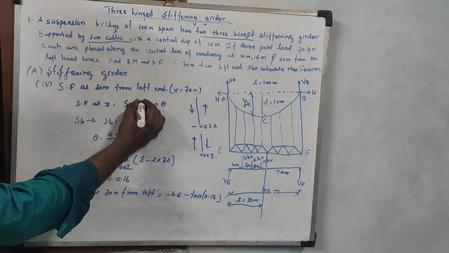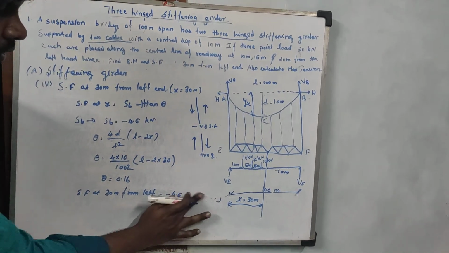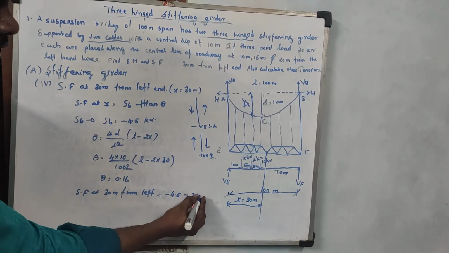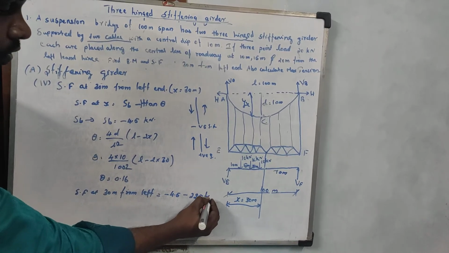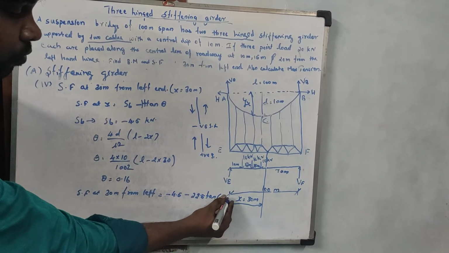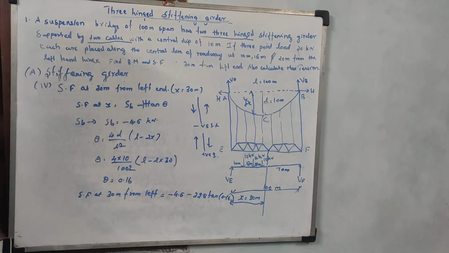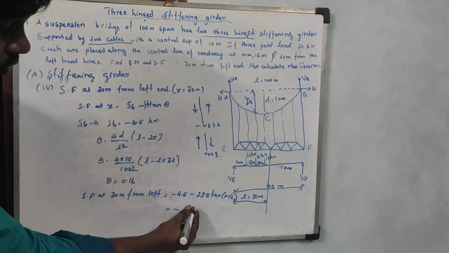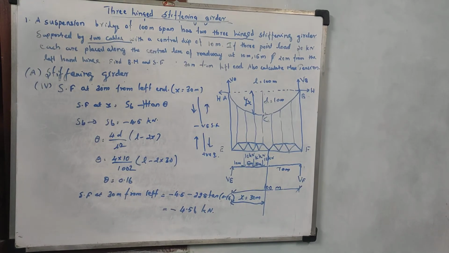Sorry, this formula is H tan theta. Equal to minus 4.56 kilonewton.